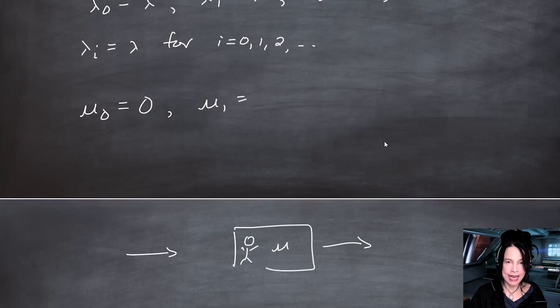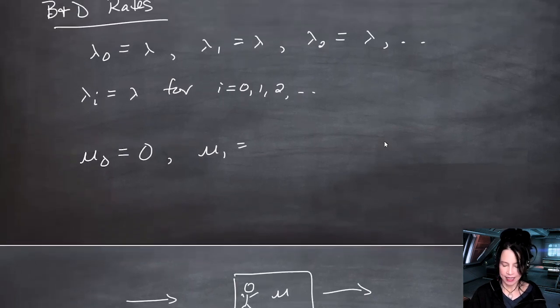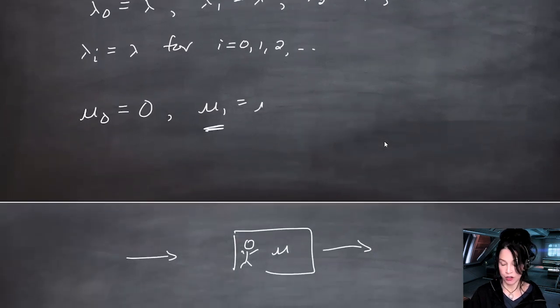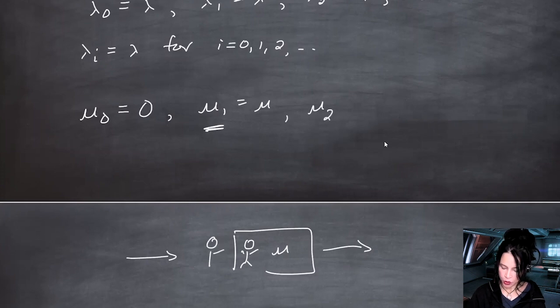So the death rate is just a constant mu, at least when the population size is 1. And if the population size is 2, that corresponds to a picture with 2 people in the system. But because there's only 1 server, we don't have 2 people racing.